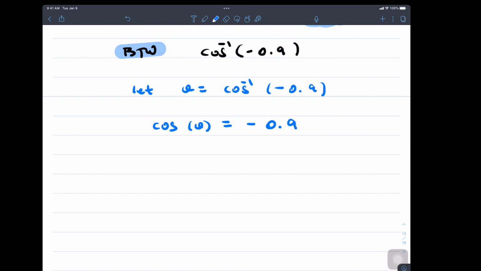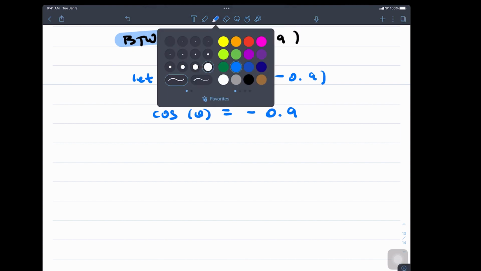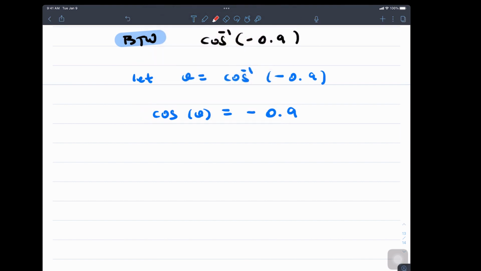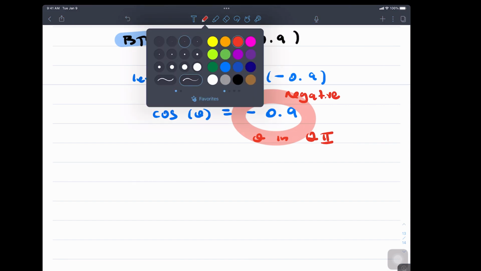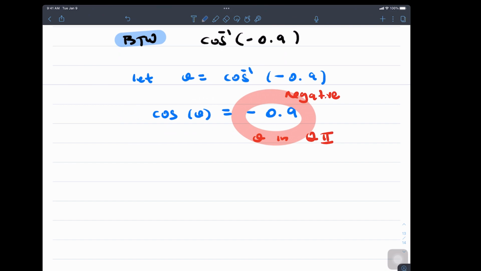Okay, and then you say, okay, Mr. Judge, I know what this means. You warned me about something like this. What does that mean? Theta is in quadrant 2, because this is a negative value. Is that right? You guys know what I'm saying? And then you go, oh my God, okay, so what does that mean? It means I got to go to the reference information where it's positive.